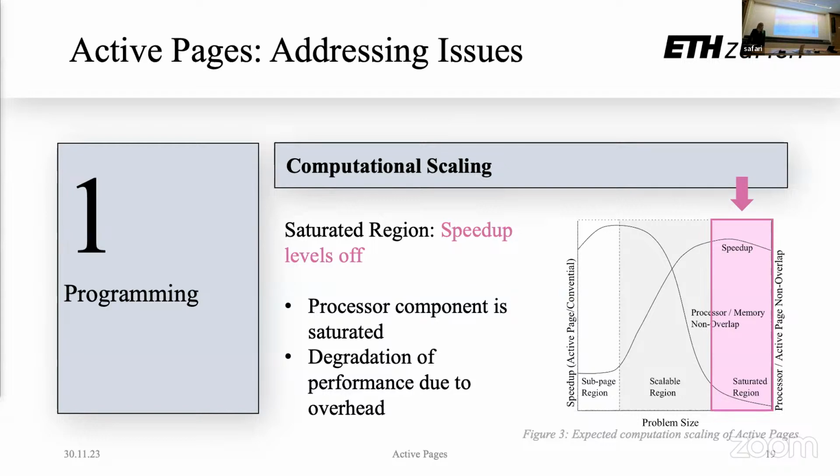Therefore, the authors expect an eventual leveling off of the speedup and even degradation as the coordination and synchronization cost dominates with the activation of more and more active pages.